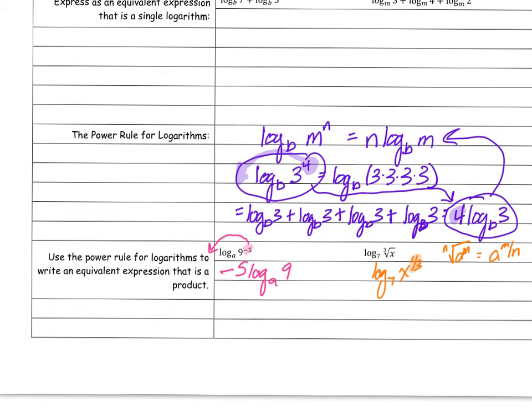And I can rewrite that as equals 1/3 log base 7 of x. And by the way, this can also be written like this. I can say log base 7 of x divided by 3. Same thing. These two are equal.